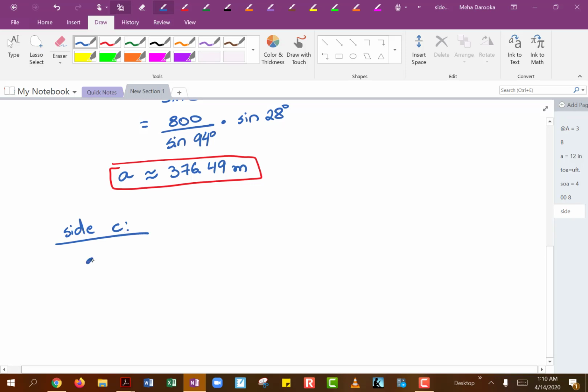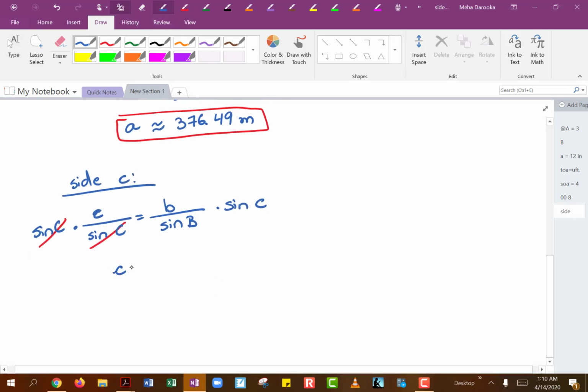So again, that would be C on the top, sine of angle C on the bottom, and side B on the top, sine of angle B on the bottom. Multiply both sides by sine of C. So we will get C equals B over sine of B times sine of C. B, of course, is our 800 meters.